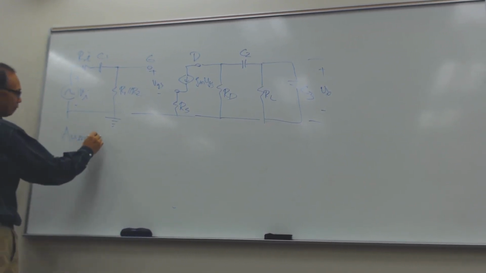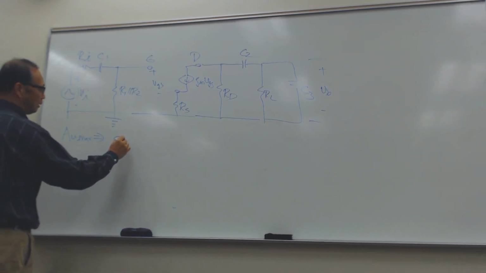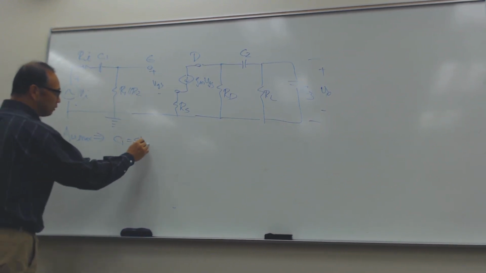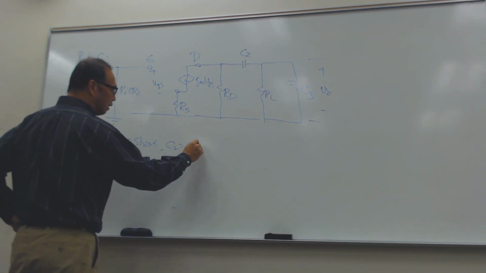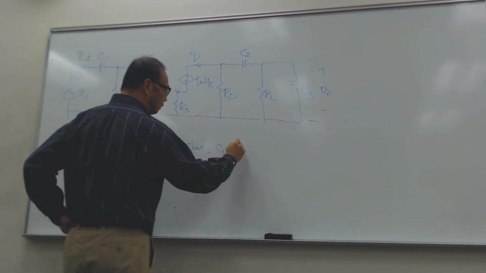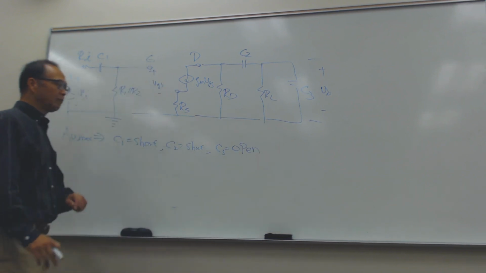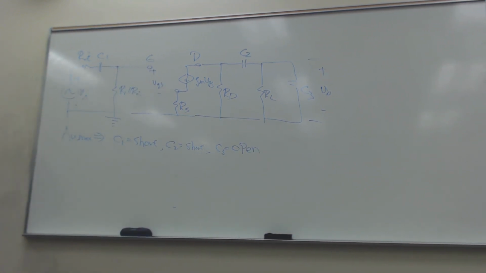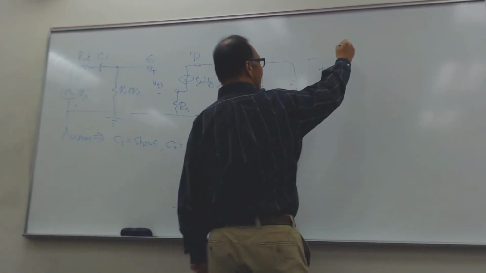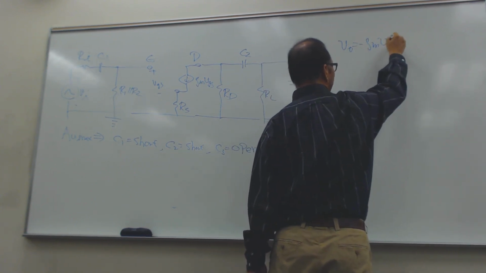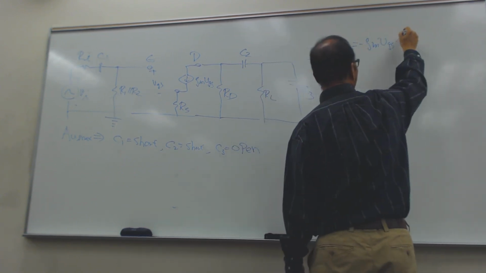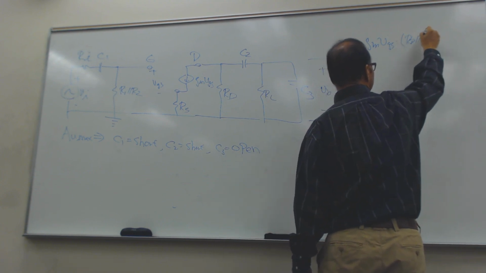So in doing that, your C sub 1 is short, yes? C sub 2 is short. C sub 3 is open. Right? Okay, so what is V sub L? V sub L is minus G sub M VGS, right, times R sub D in parallel with R sub L, right?